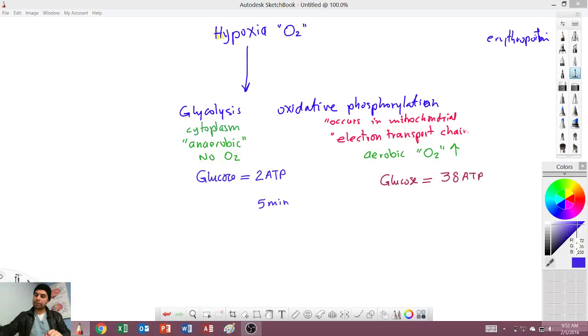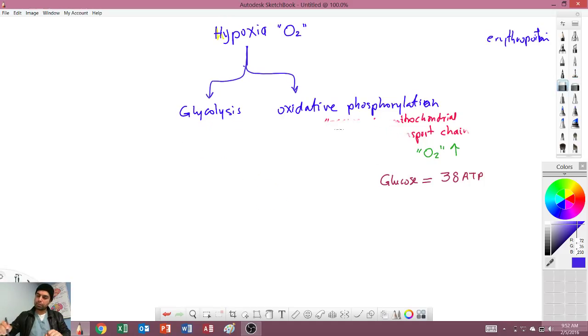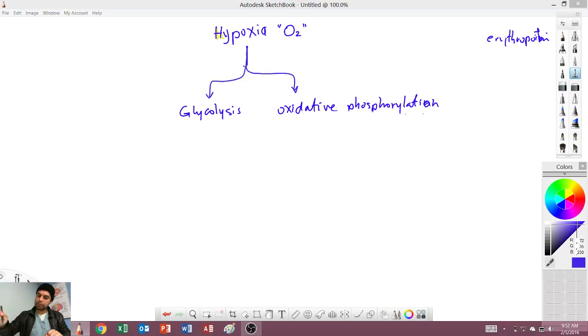Now, in the case of hypoxia, how would hypoxia affect oxidative phosphorylation and how would it affect glycolysis? You know the purpose of each. Oxidative phosphorylation will decrease without oxygen, correct?